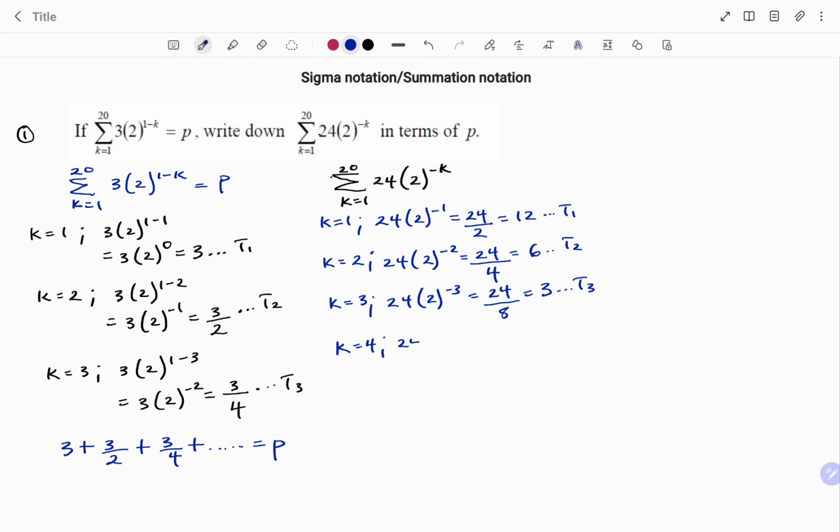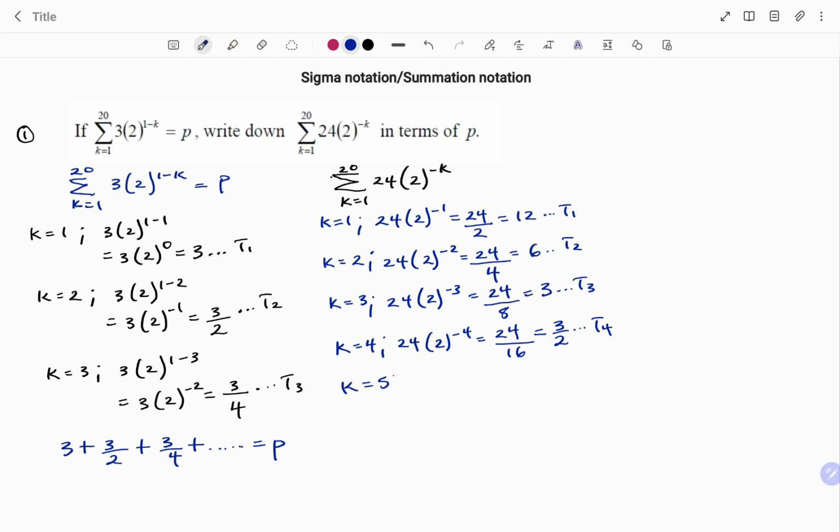Let's try k equals 4. We have 24 times 2 to the power of minus 4, which is equal to 24 over 16, that's 2 to the power of 4. If we simplify, that's equal to 3 over 2. That's T4. Let's try one more term.